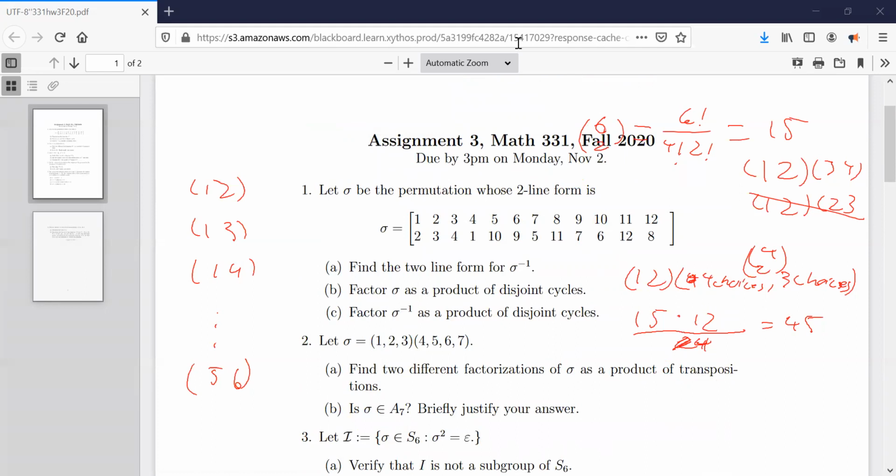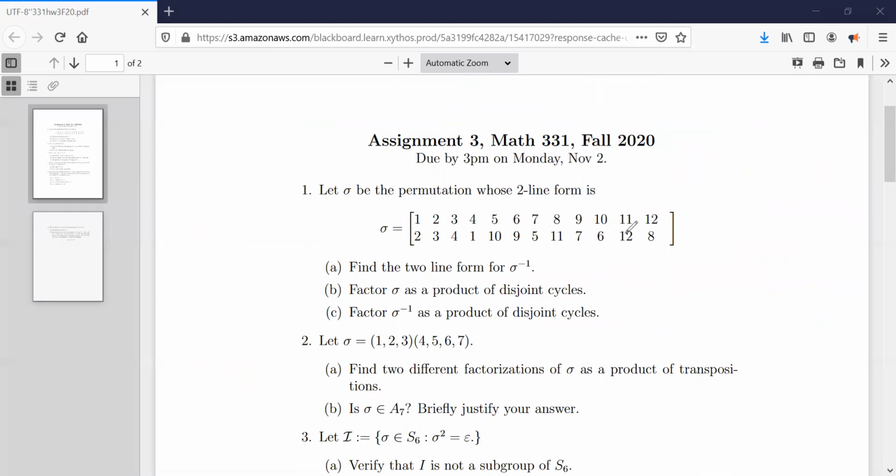Two. Find 2 different factorizations of this guy as products of transpositions. So how am I supposed to factor this? It's one really obvious way, right? What is the super obvious way?